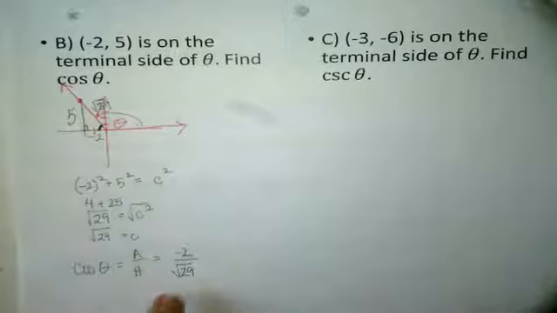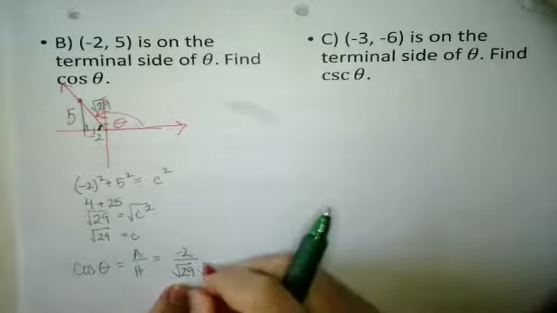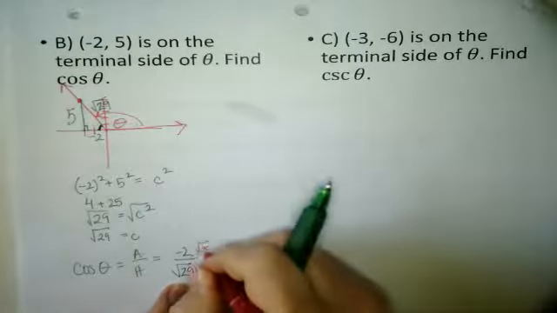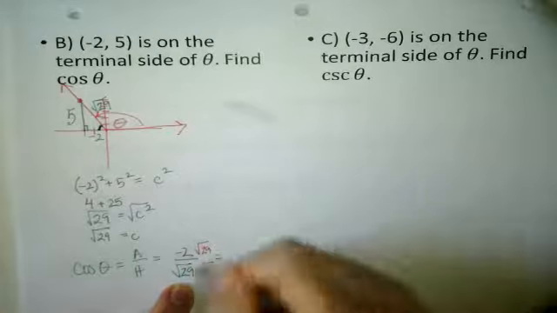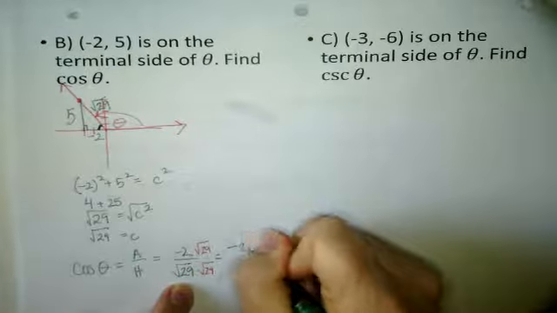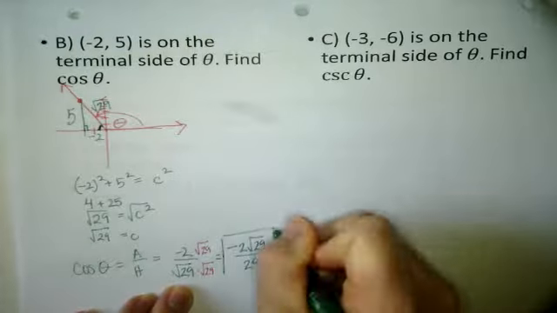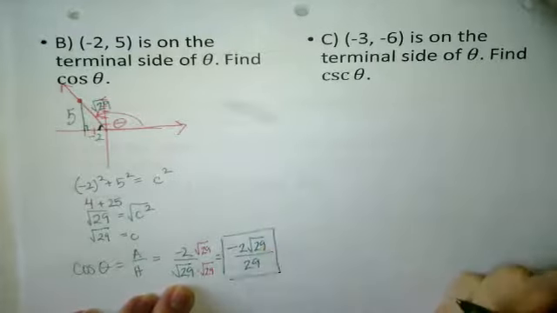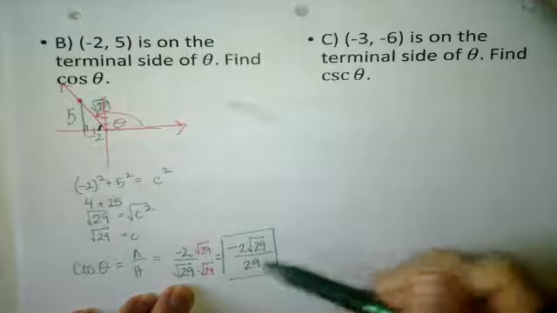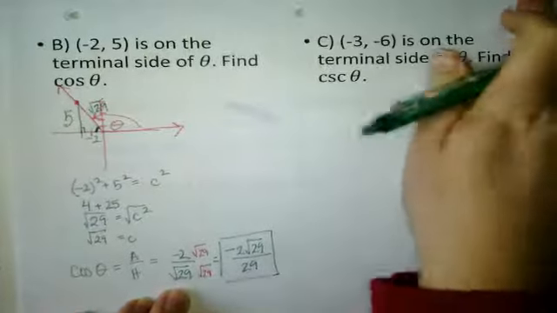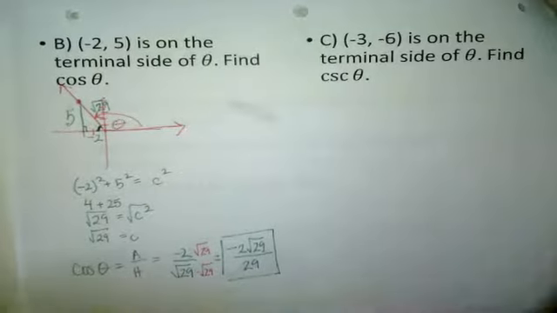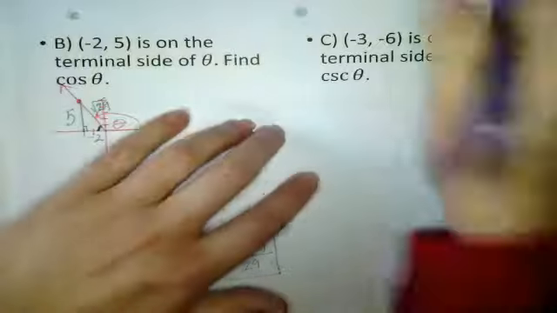And of course, they are not going to like that. So we're going to multiply top and bottom by radical 29. And I can't simplify that at all, so I just made these up. Delta Math might make you simplify. 29 is prime, so I can't take a square root. So there we go.